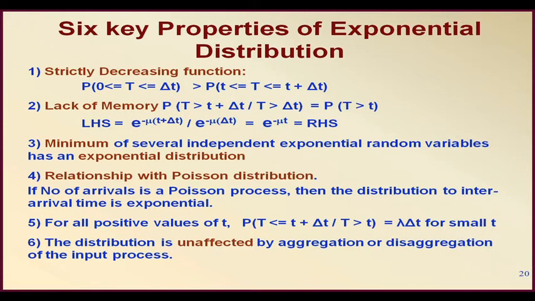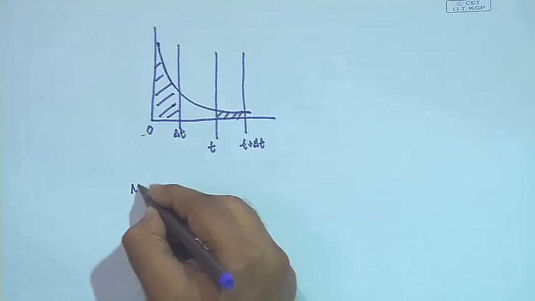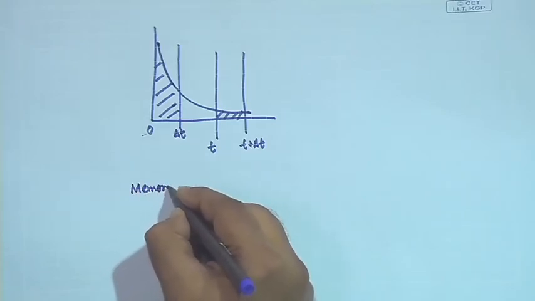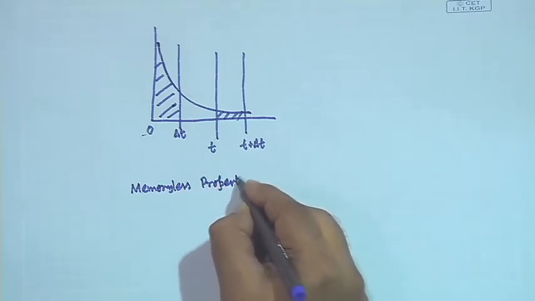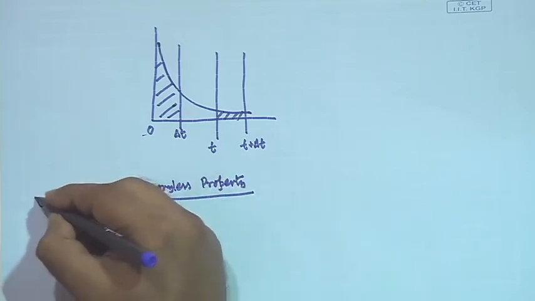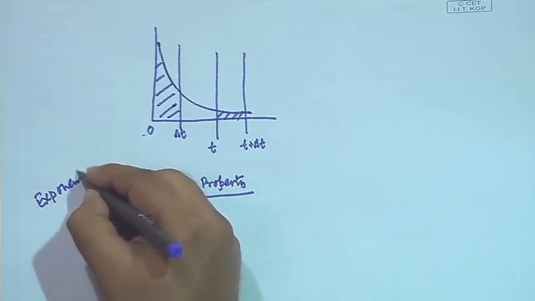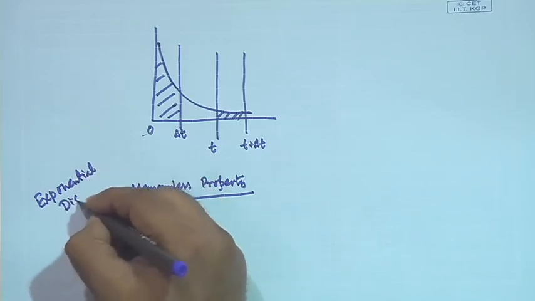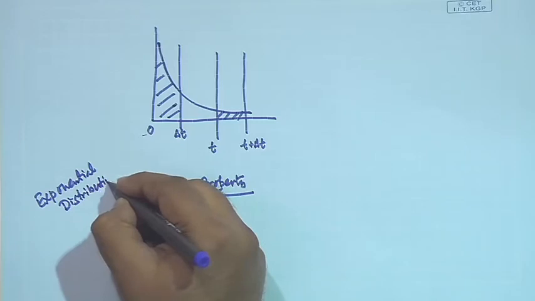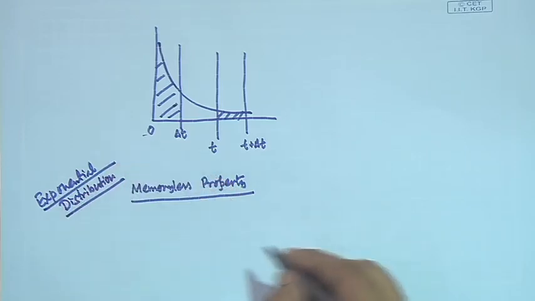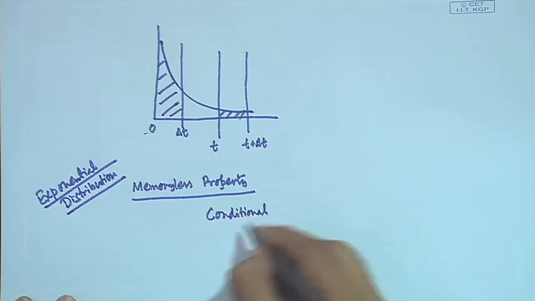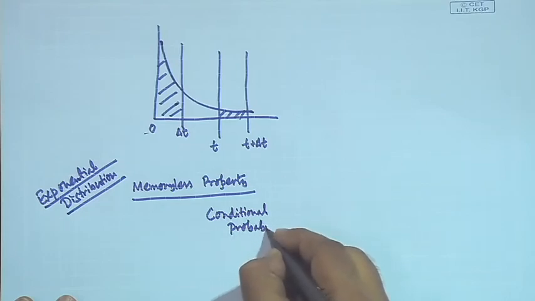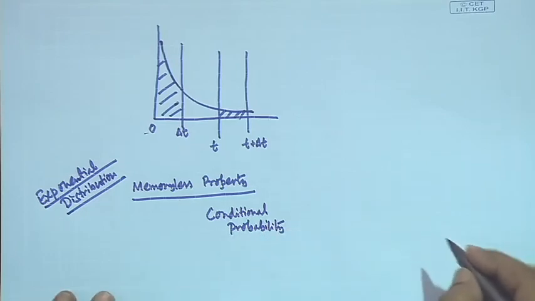The second one is the lack of memory. What does the lack of memory essentially tell? Let us look at the memoryless property, which is a very important one. Here we are talking about a conditional probability. What is that conditional probability?